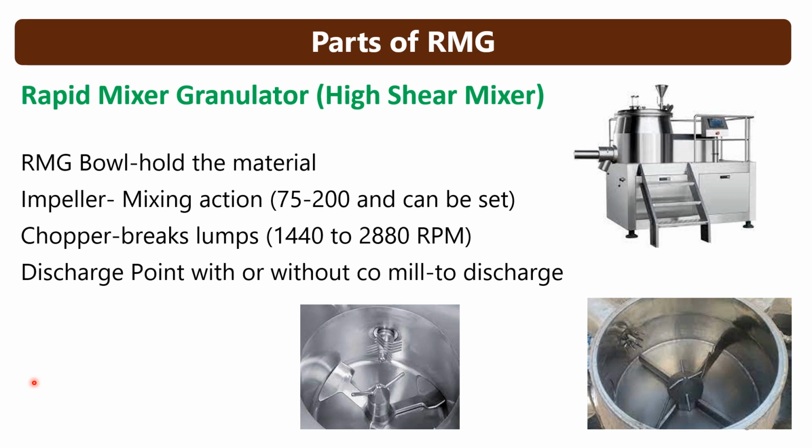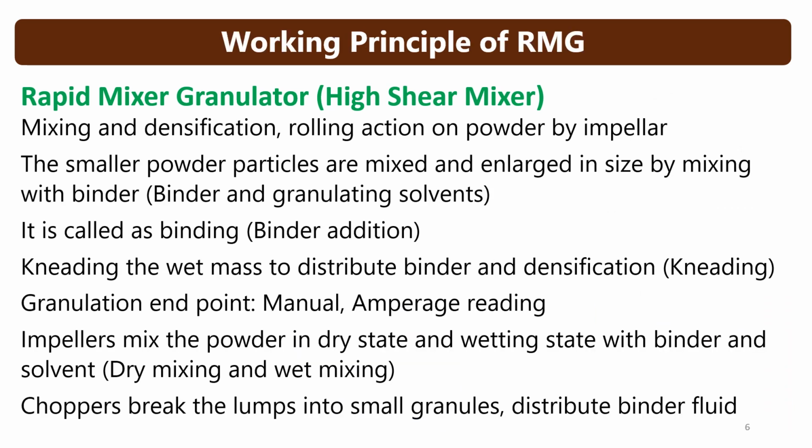Chopper is required to break the lumps and its RPM is around 1440 to 2880 RPM. Always consider that there is no scale up in the chopper. Only impeller speed is considered while doing the scale up.